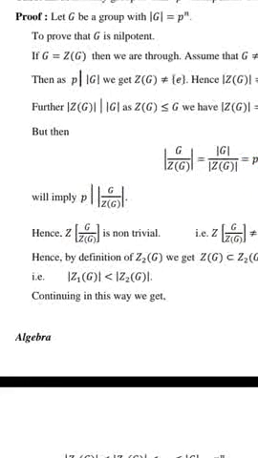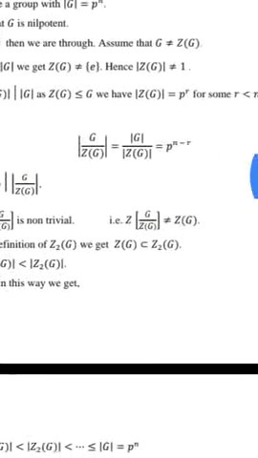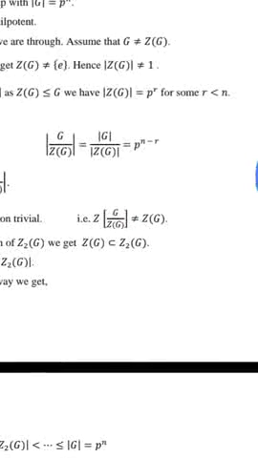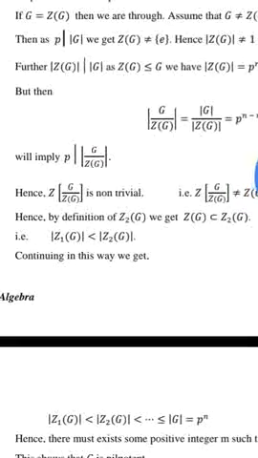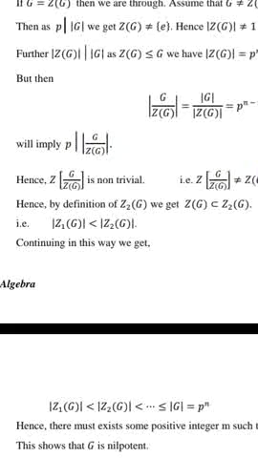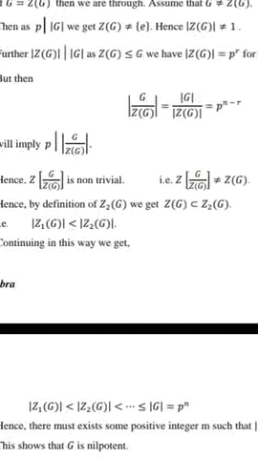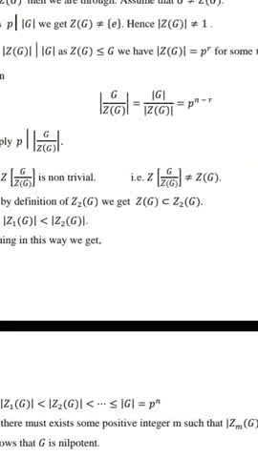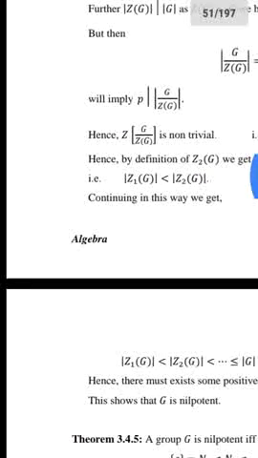Then the cardinality of G/Z(G) is equal to the cardinality of G divided by the cardinality of Z(G), which is p raised to n minus r, which implies that p divides the cardinality of G/Z(G), and this shows that G/Z(G) is not trivial.